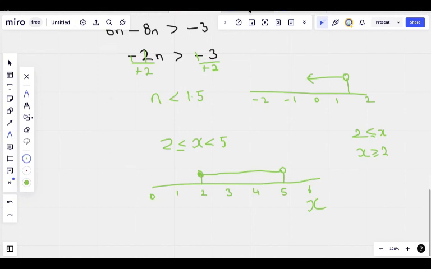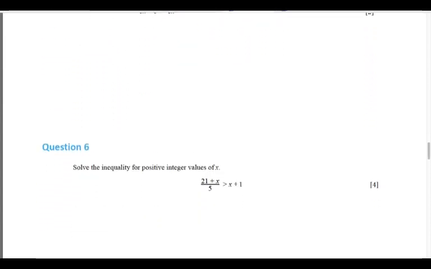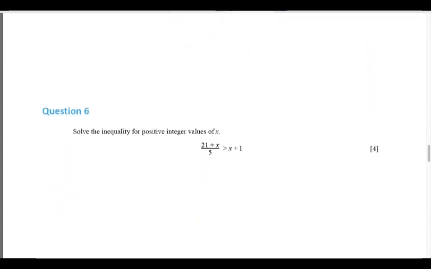Now let's look at some more problems. Okay, this one is good enough. Solve the inequality for positive integer values of x.